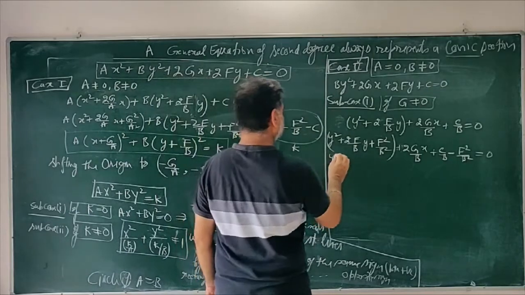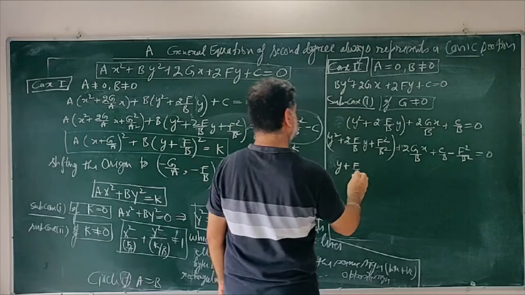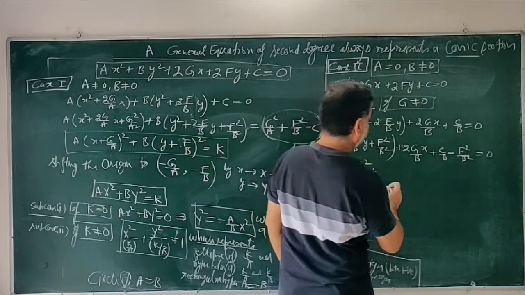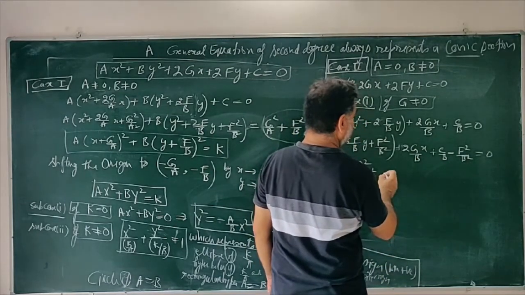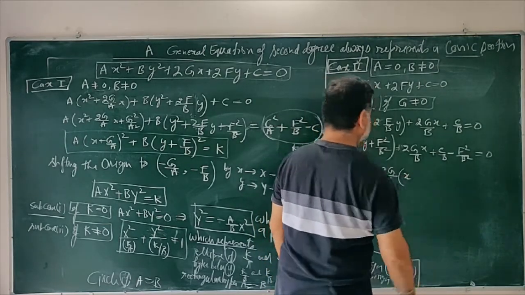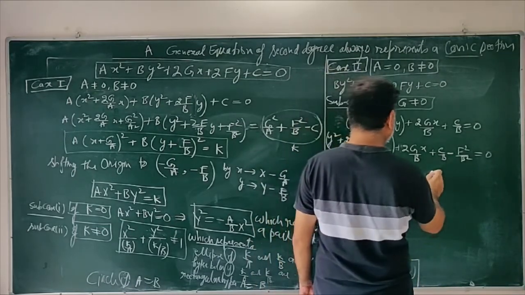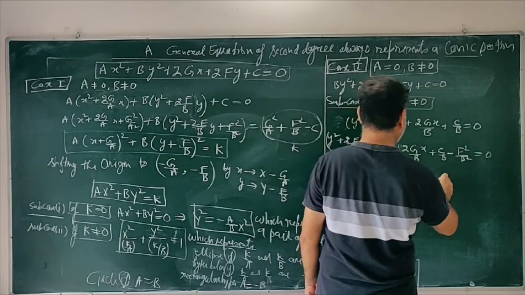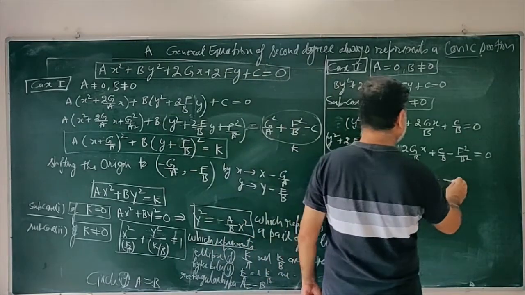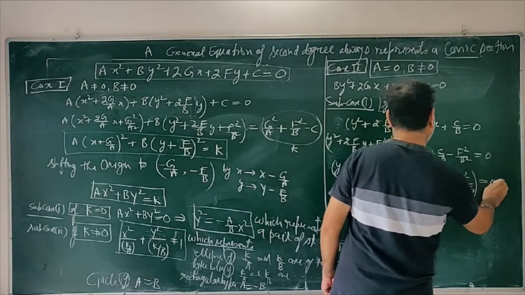And this equation further can be written as y plus f over b whole square, and if you take 2g over b as common, plus 2g over b times x plus c over 2g minus f square over 2bg, equal to 0.